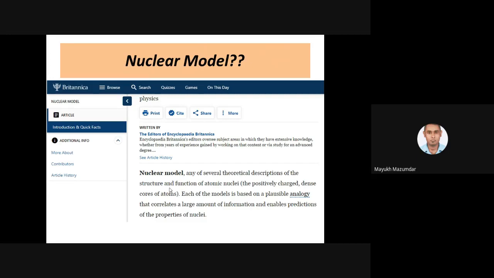So what they did, they used many analogies. They tried to correlate different things, and they saw how the resultant collection predicts real-life examples. So this is what we call a nuclear model. Got it?